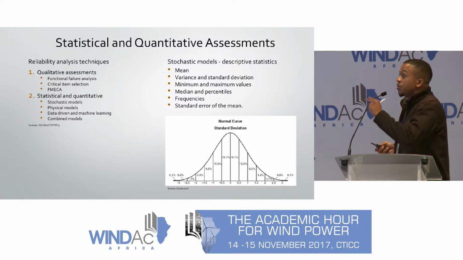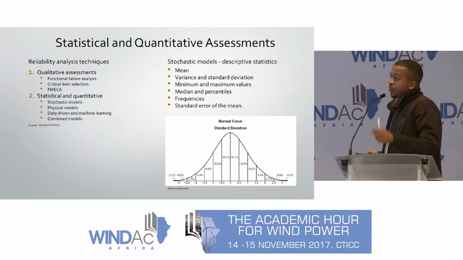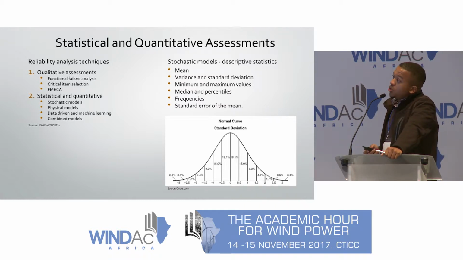According to the recommendations given by the International Energy Agency, there are different techniques or methods that can be used to perform reliability assessments on operations and maintenance activities. The approach that was chosen was a stochastic non-parametric model to study the failure in these wind turbines.